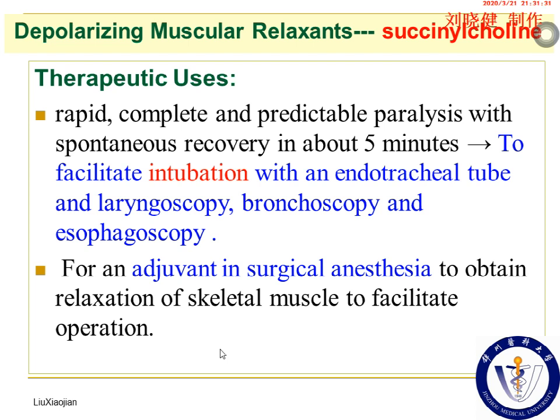So this skeletal muscle relaxation just lasts for several minutes, and the function of the skeletal muscle recovers spontaneously. So this is predictable. This drug is usually used to facilitate intubation with an endotracheal tube, laryngoscopy, bronchoscopy, and esophagoscopy.